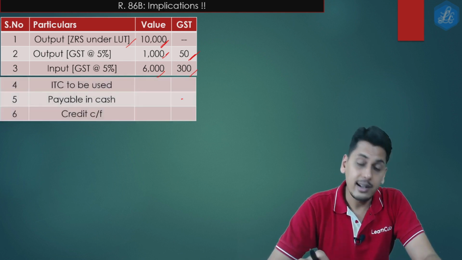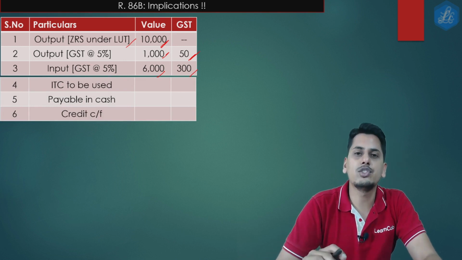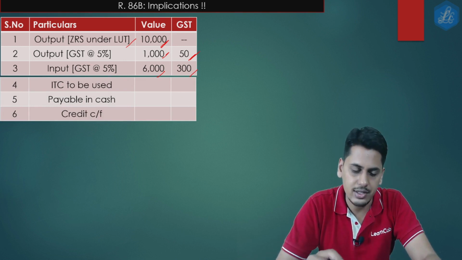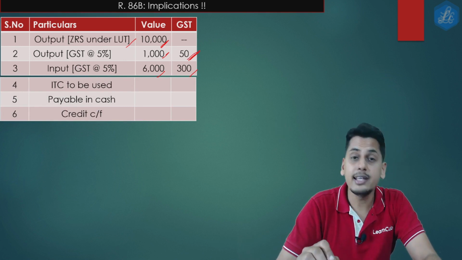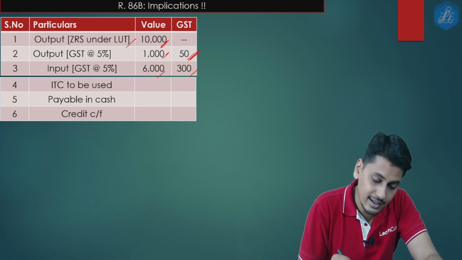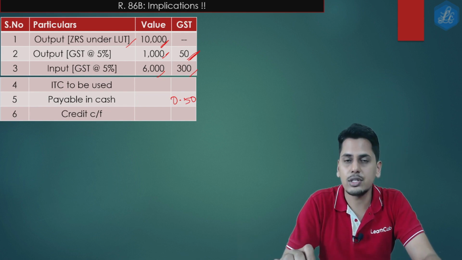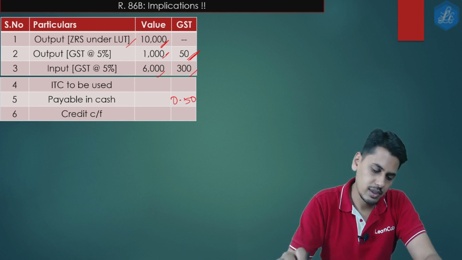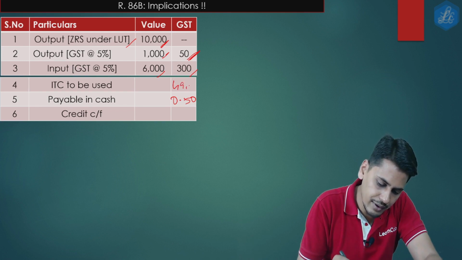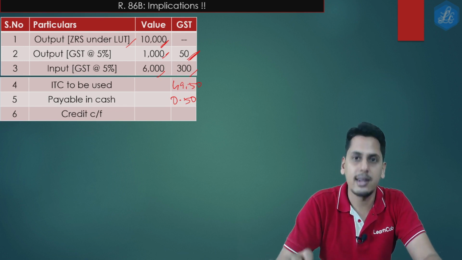So now friends, according to Rule 86B, at least 1% needs to be discharged from the electronic cash ledger. So what's the liability? The liability is 50, for which at least 1% needs to be discharged through the electronic cash ledger. So 0.50 is going to be discharged from the electronic cash ledger, and the remaining 49.50 is going to be discharged from the electronic credit ledger.